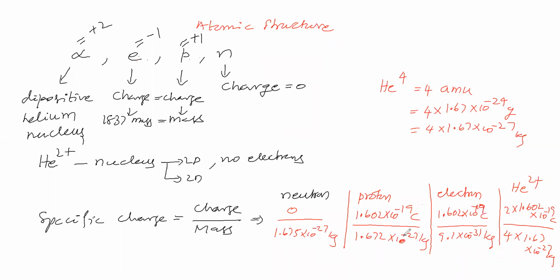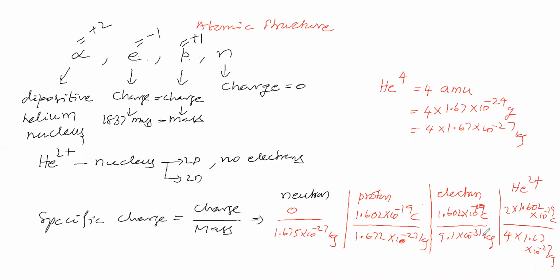Denominator, if you see, here 10 power minus 27, here 10 power minus 31, here 10 power minus 27. The denominator is lowest out of these three for this one.